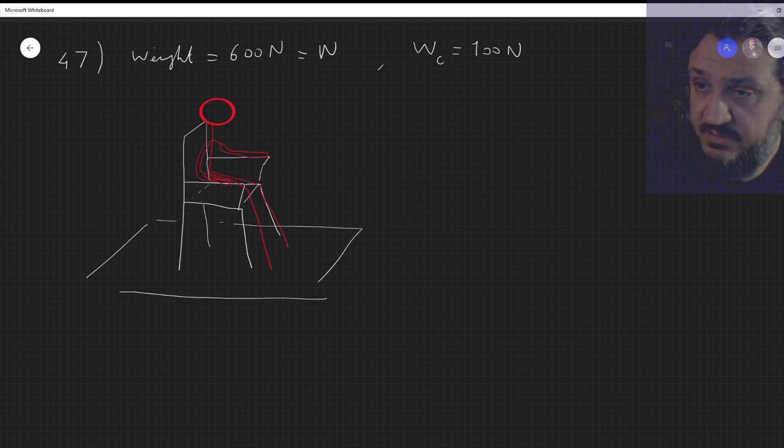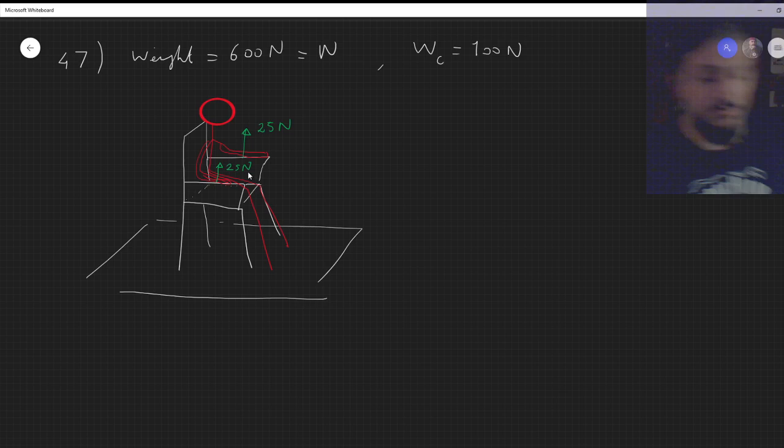Let's change color. Let's use green. The armrest exerts a 25 newton force on the left arm, and also on the right arm. It exerts an upward force of 25 newtons. Good. A. What force does the floor exert on her feet?